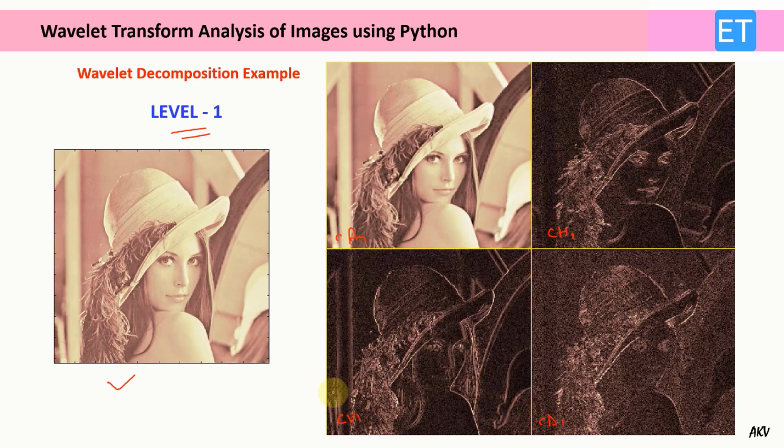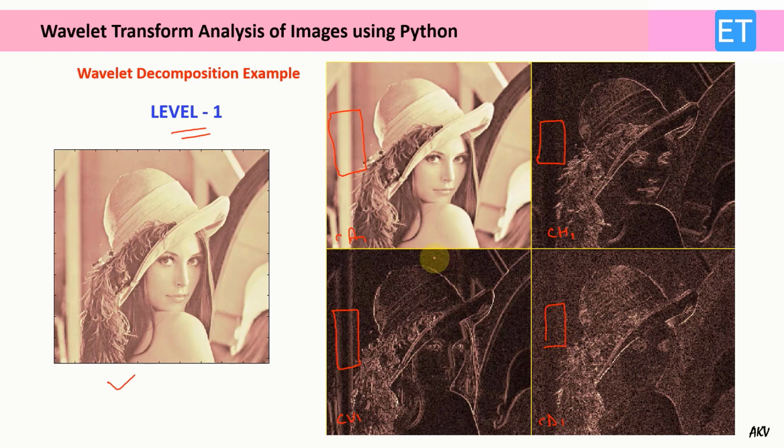In CV1 you can clearly see the prominence of these vertical edges, while these are completely missing in the horizontal and diagonal coefficient matrices.